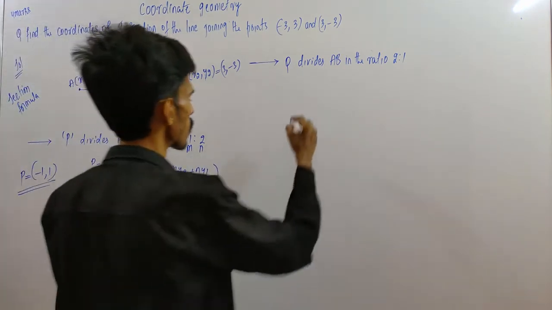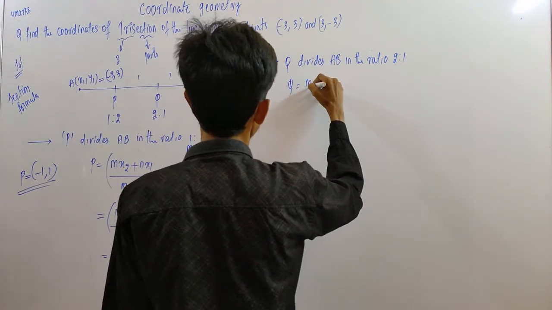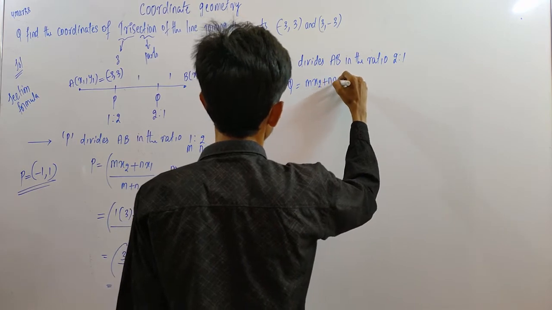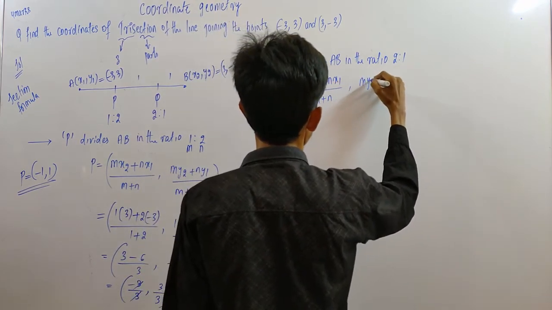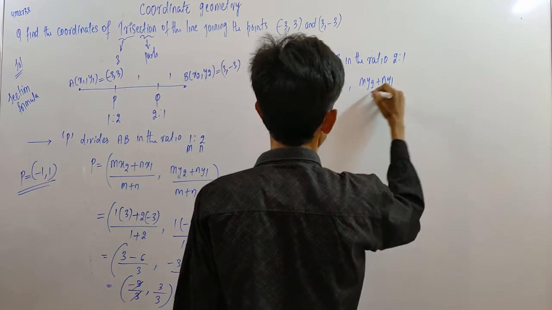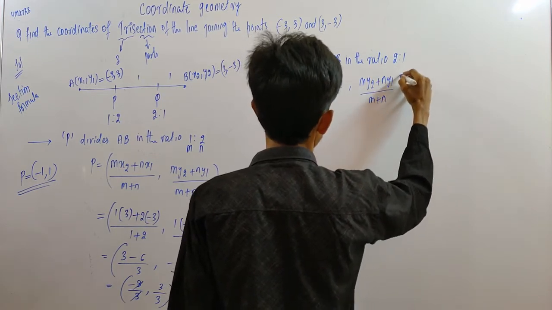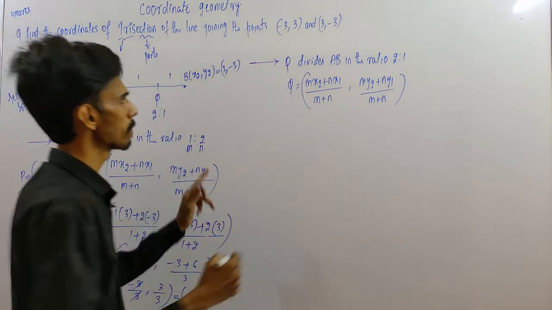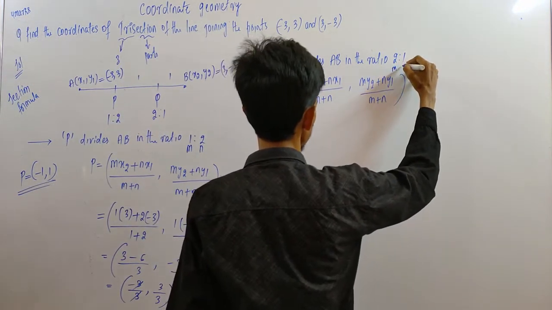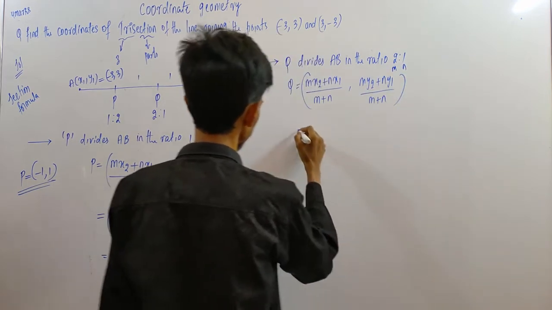Similarly, Q value, same formula. The only difference is the value of m and n. We have m value as 2, n value as 1.